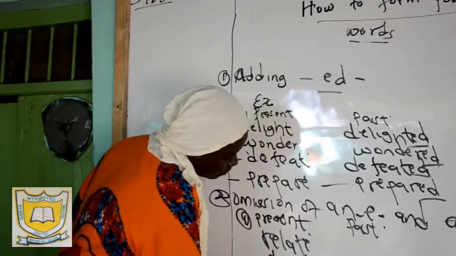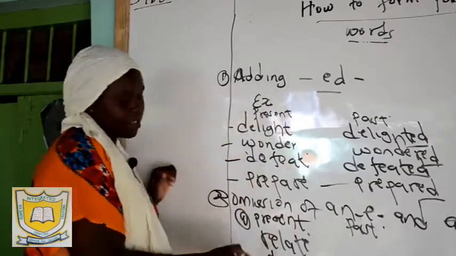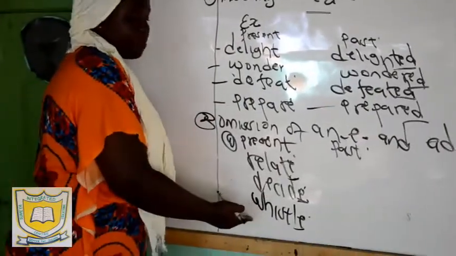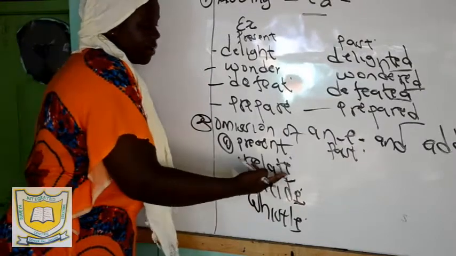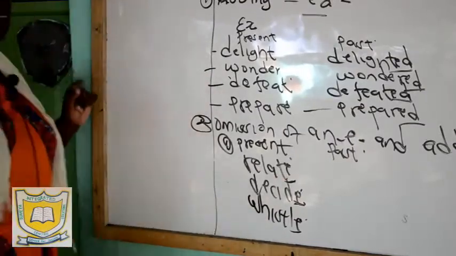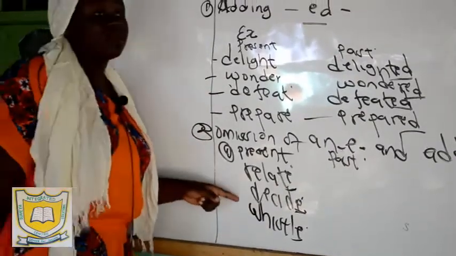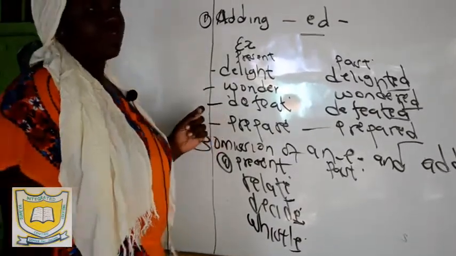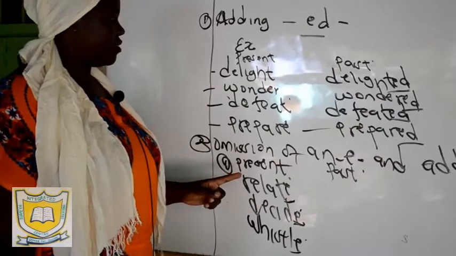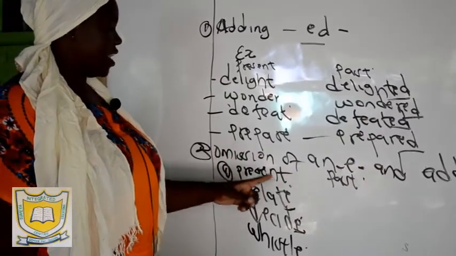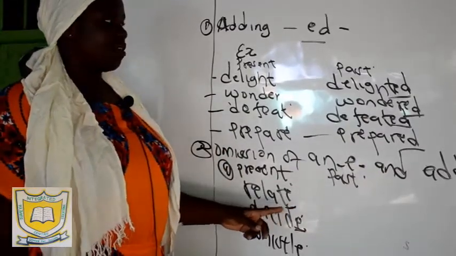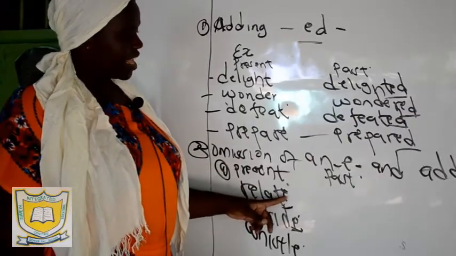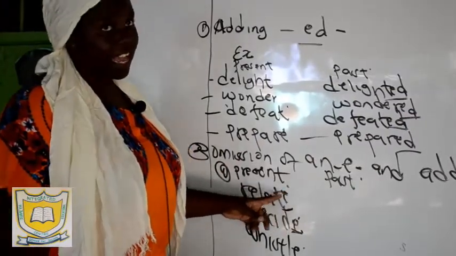So I have whistle. This is the present tense, this one's also the present tense, and my verbs are ending with an e. If I want to form the past tenses of these words ending with an e, you either omit the e and add an ed, or, if you don't omit the e, you simply add a d to it.